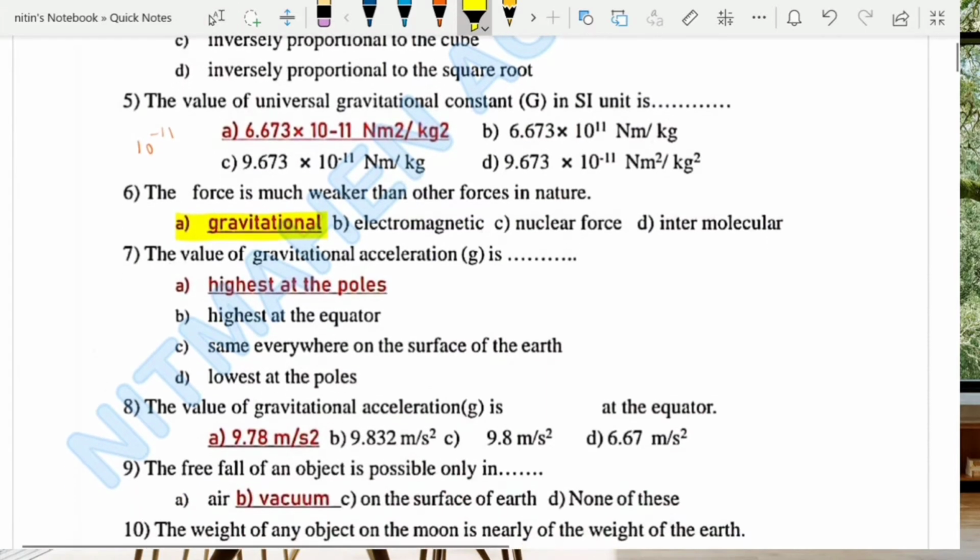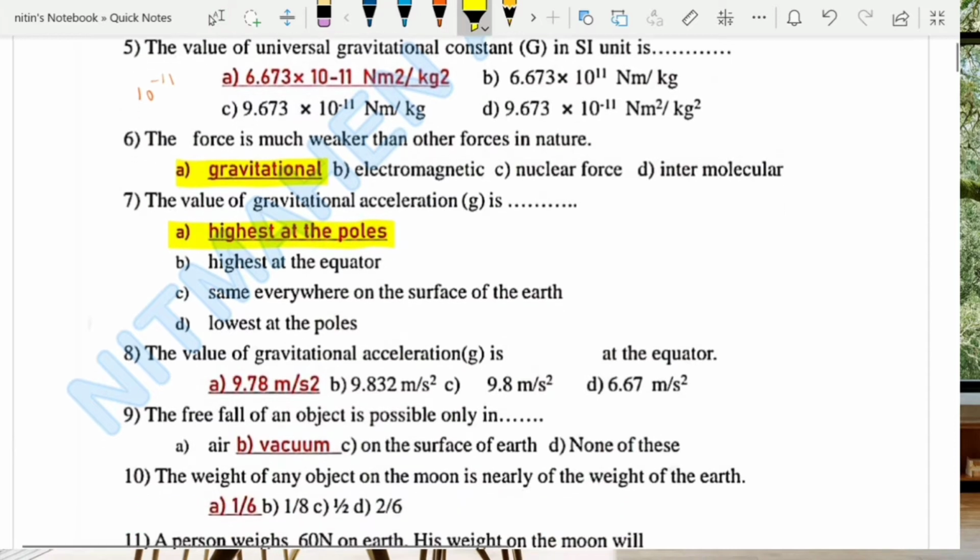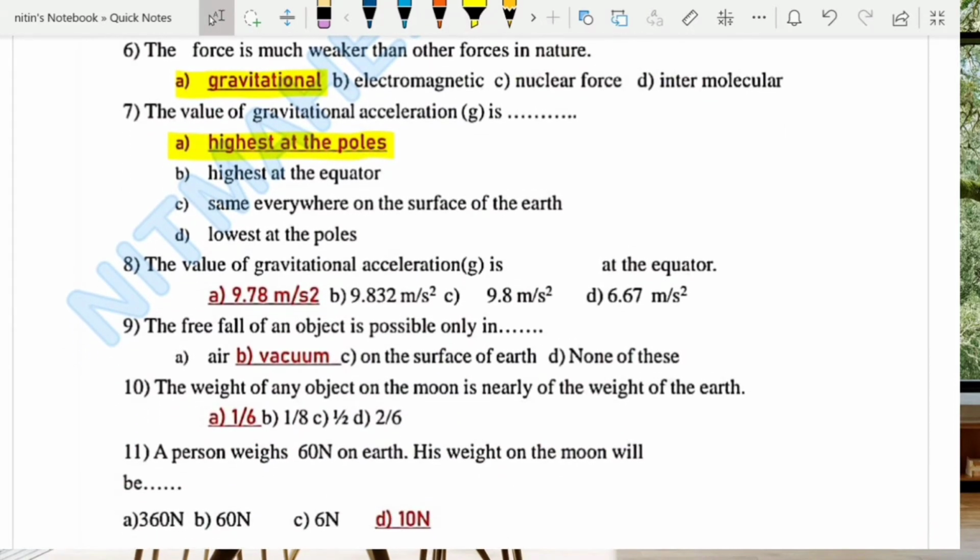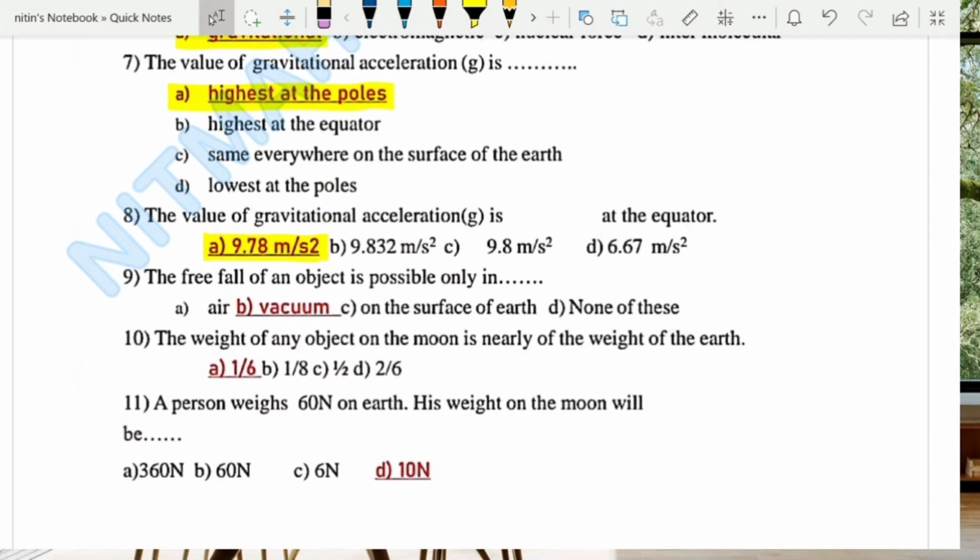Next, the gravitation values: the value of gravitational acceleration g is highest at the pole. Next, the value of gravitational acceleration is dash at the equator: 9.78 meter per second square. Next, the free fall of an object is possible only in vacuum.